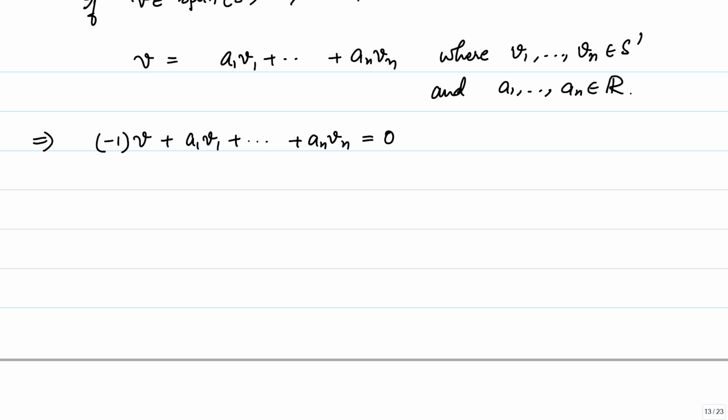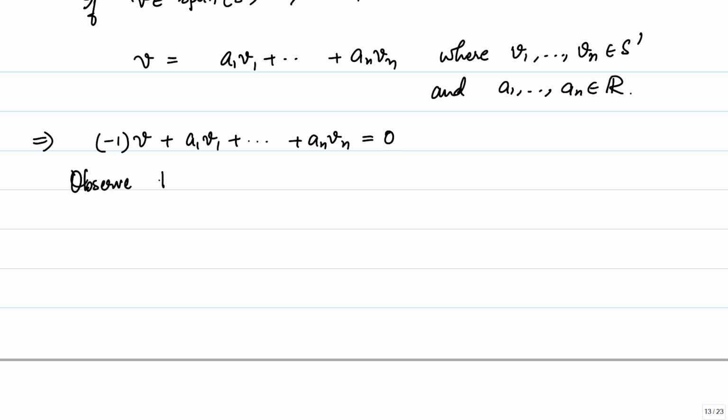But here there is a linear combination of V, V1, V2 up to Vn which is equal to 0, such that not all coefficients are equal to 0, because in particular the coefficient of V is not equal to 0.